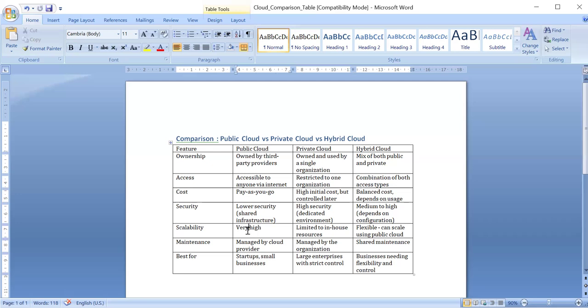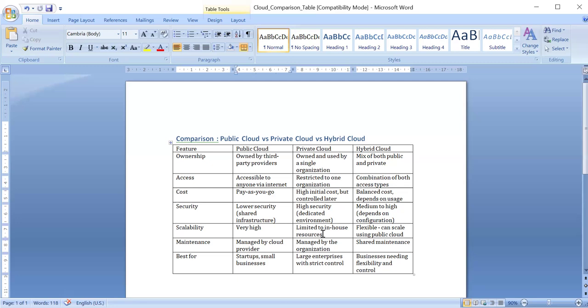Next is scalability. In public cloud, scalability is very high. It means it is easy to add more storage or services quickly. In private cloud, you are limited by the hardware. To scale it, you need to buy more infrastructure. It is limited to in-house resources.